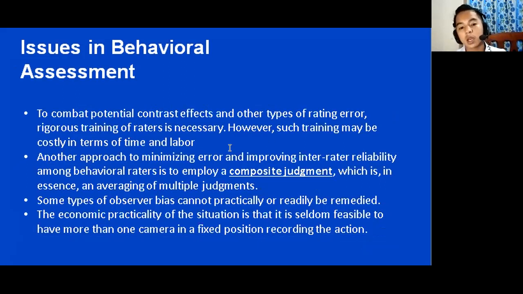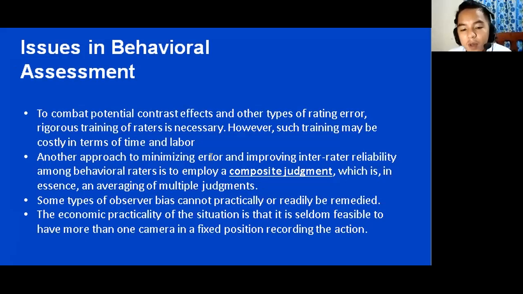So another issue in behavioral assessment is monetary, because not only is there training, but because it is behavioral assessment, it is necessary to conduct video recording. A video recording cannot only be placed in one place. There should be several cameras recording the situation. So it makes it not profitable.